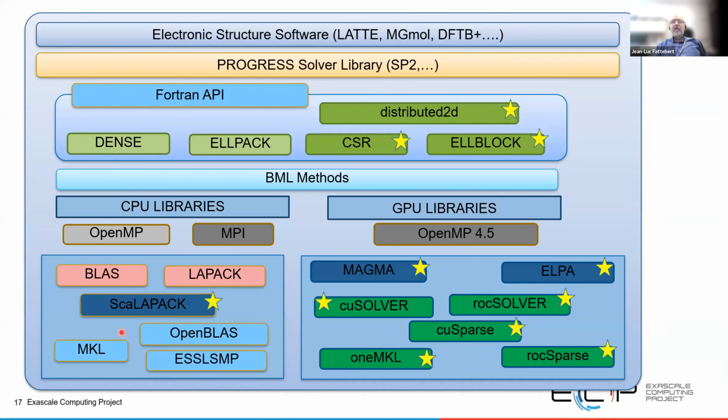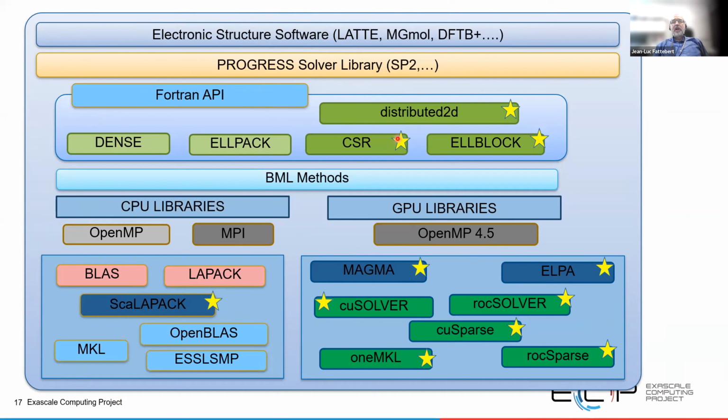And this is a summary of our software stack. If you have an electronic structure package on top of it, you would call our PROGRESS library to solve your problem. And then underneath, you would rely on BML to do the operations.